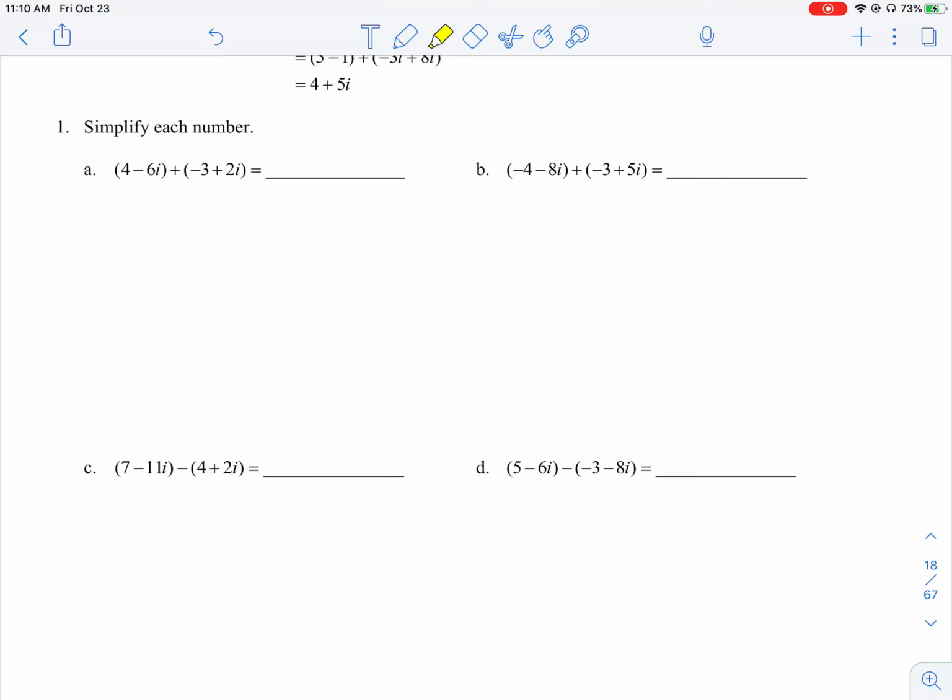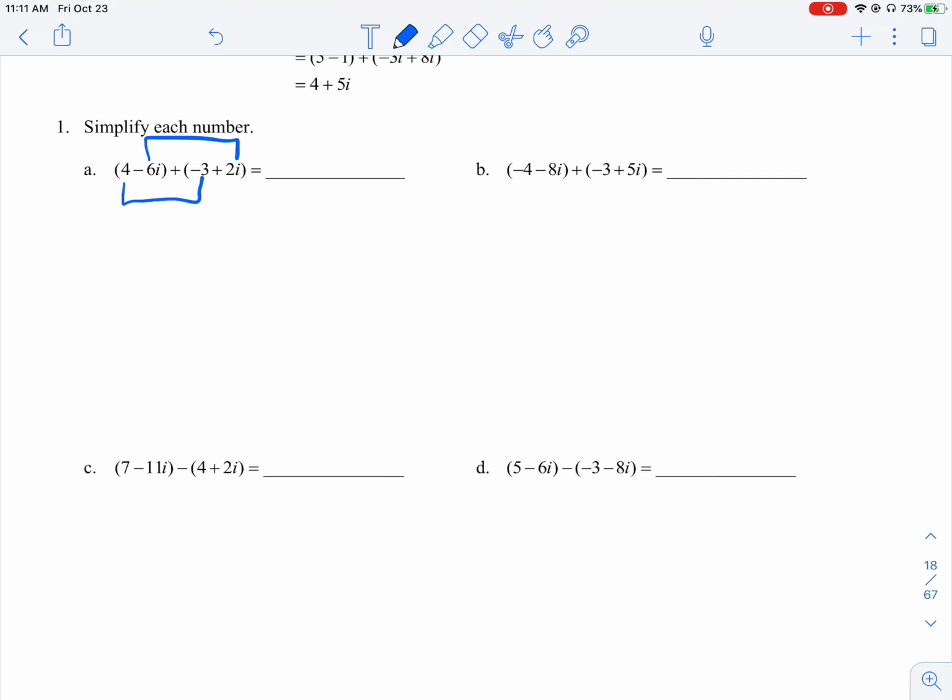So in here, those with the imaginary unit are the ones that are like terms, and the real numbers will be combined. Whew, I said so much. Let's try that. 4 and negative 3 are like terms, so I'll combine those, and then I'll combine negative 6i and 2i.